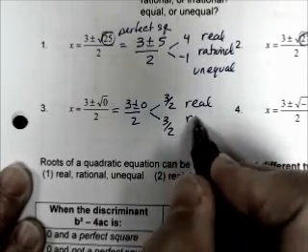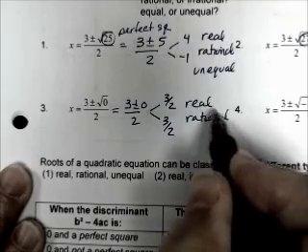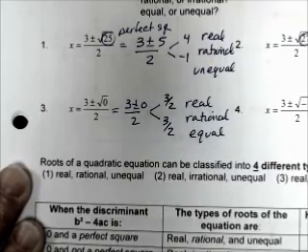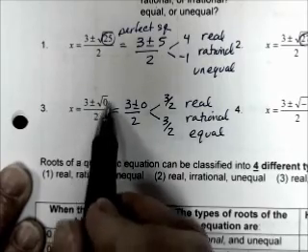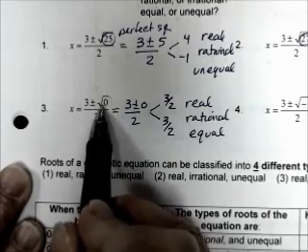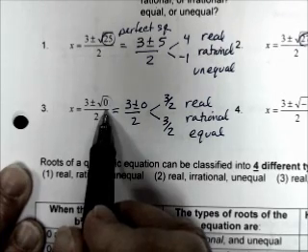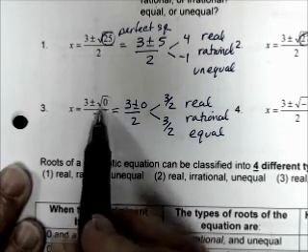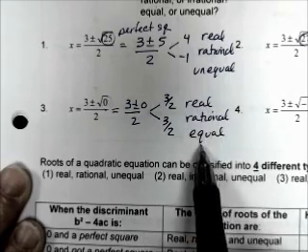They are rational, but in this case they are equal. And we'll see that when the discriminant value is 0. When your discriminant value, the value of b squared minus 4ac, is 0, your roots will be real, rational, and equal.